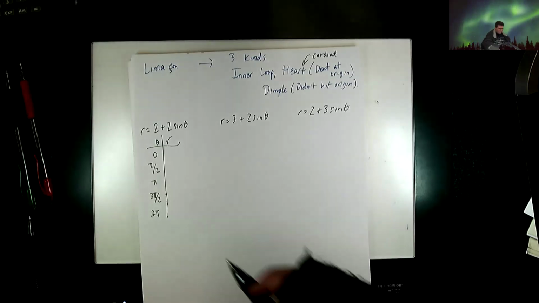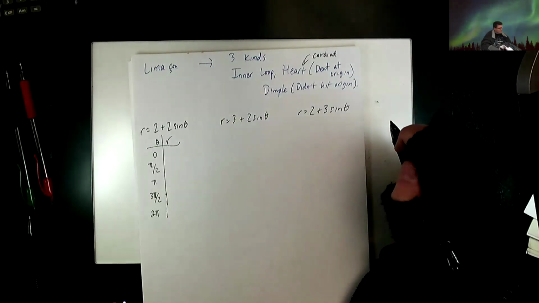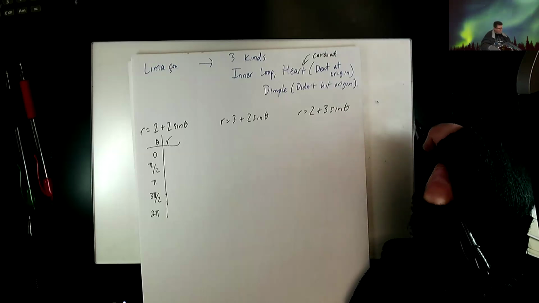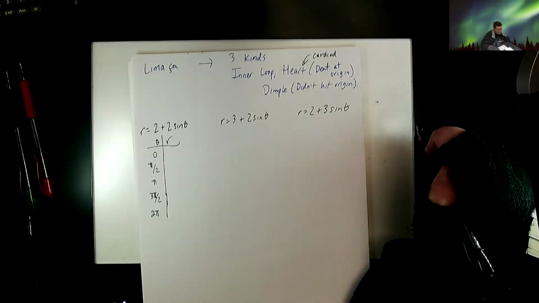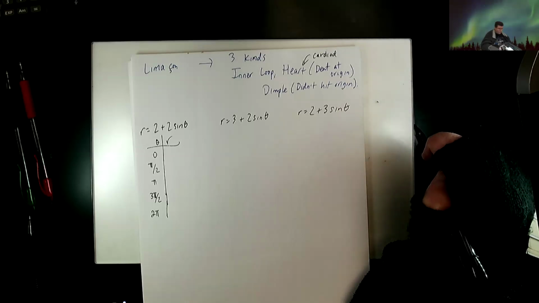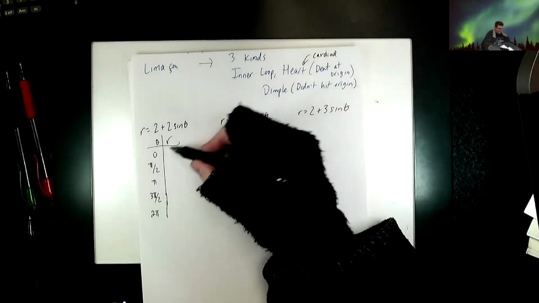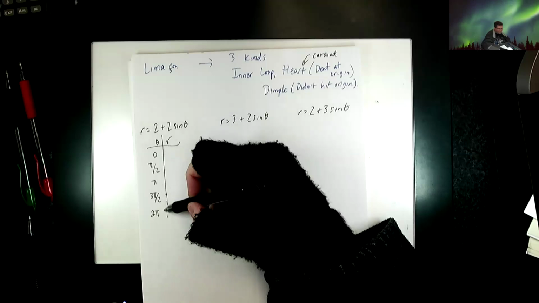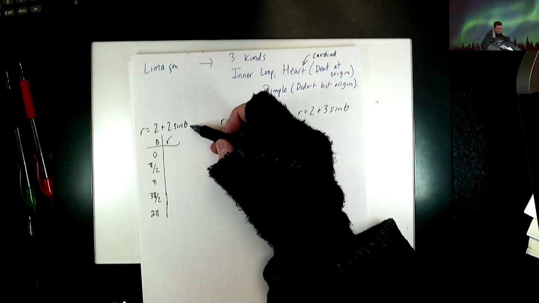We know it's going to make some shape like this, so we can expedite how quickly this goes. For all the ones where theta is a multiple of pi, sine is 0.